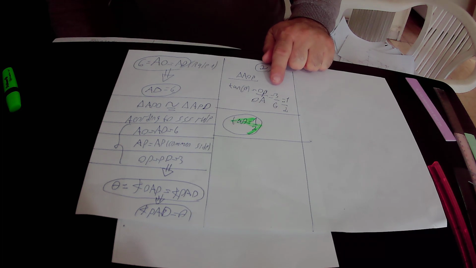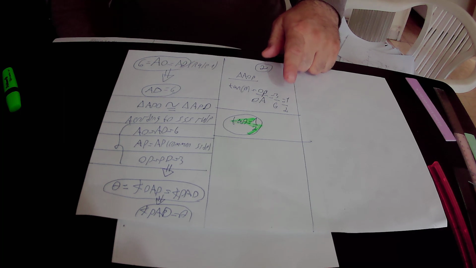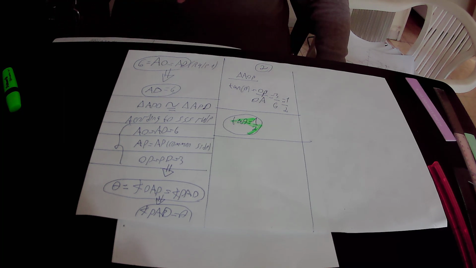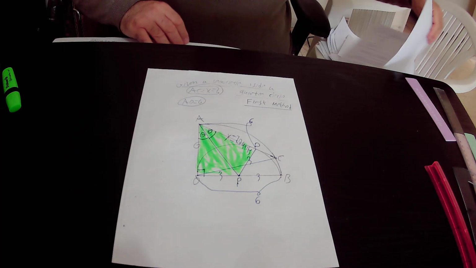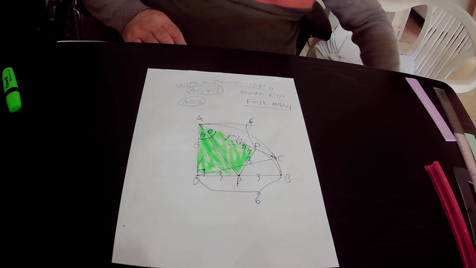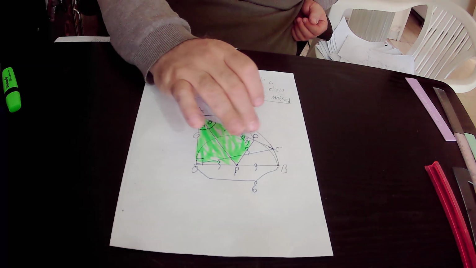So tangent theta equals 3 over 6. We divide both the numerator and the denominator by 3. 3 over 3 is 1 and 6 over 3 is 2. So in conclusion, we found that tangent theta equals 1/2. Then we join points O and C together by a straight line.